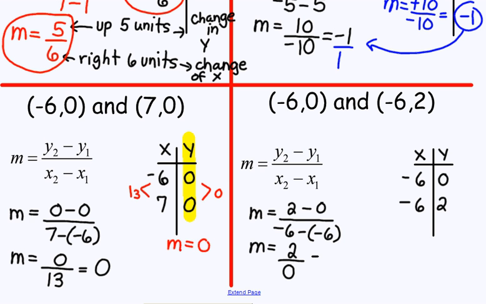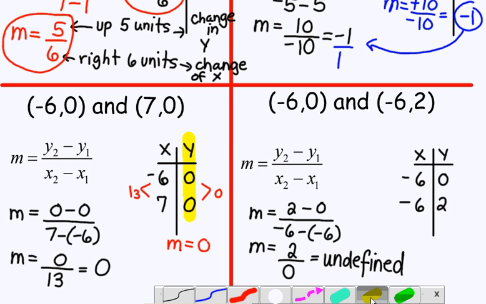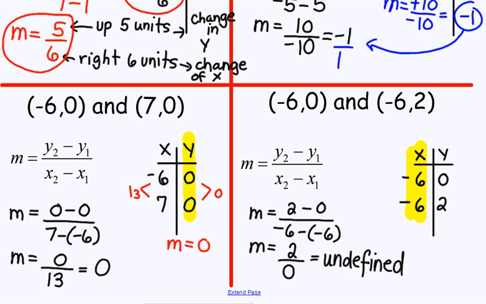And when you try to divide by 0, mathematicians do not like that. We call that undefined. It is not possible to do that. And the way that's going to show up in your table is right here. When you have a constant x value, you are going to get a slope that is undefined.